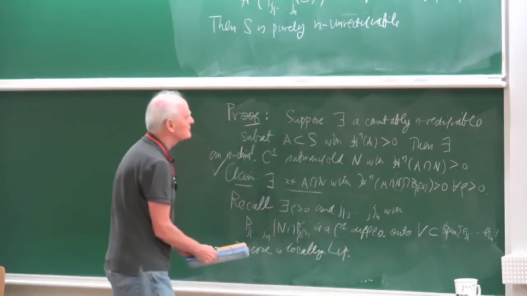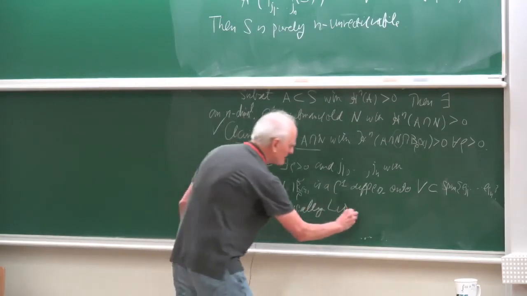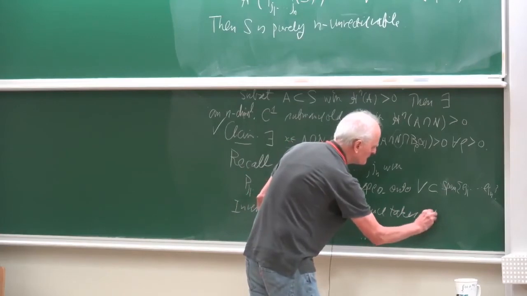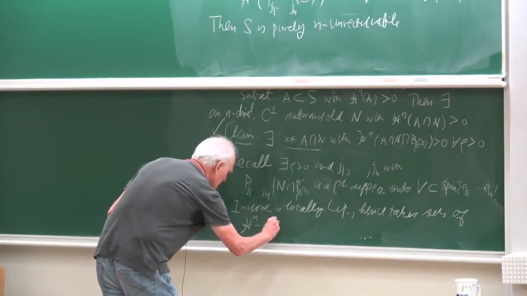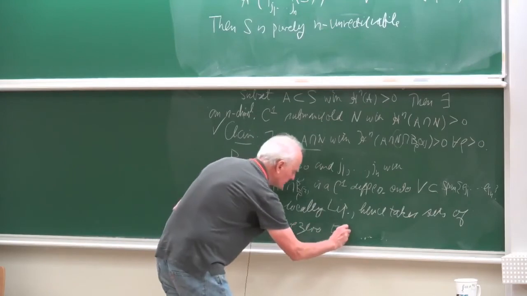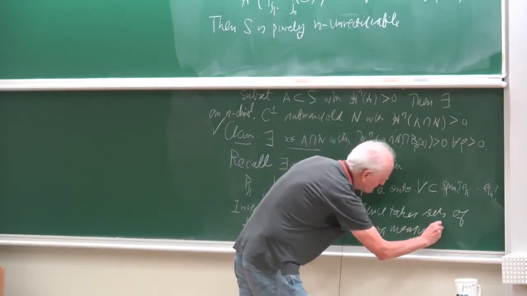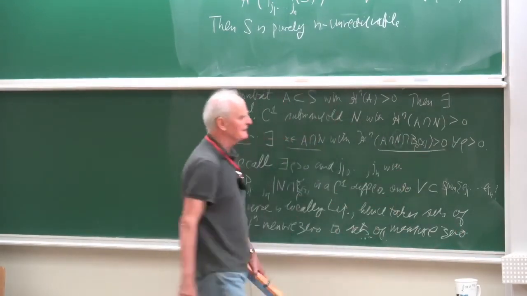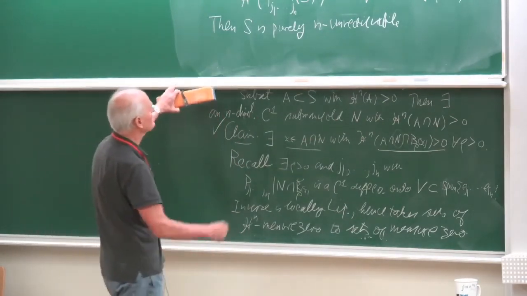So it's locally Lipschitz, but then it takes sets of Hn measure 0 to sets of measure 0. But that's a contradiction, because that set has positive measure. So that's clear. So that's it.